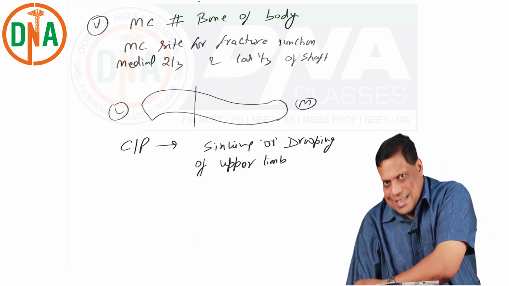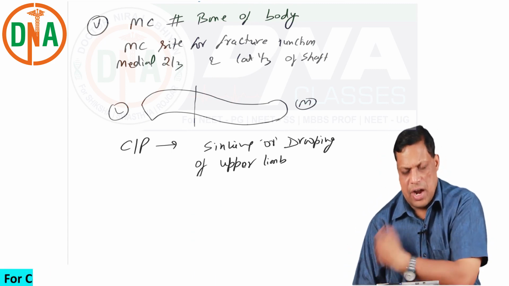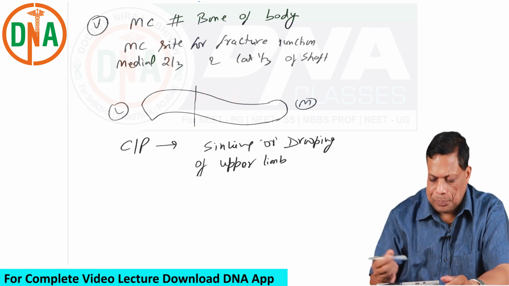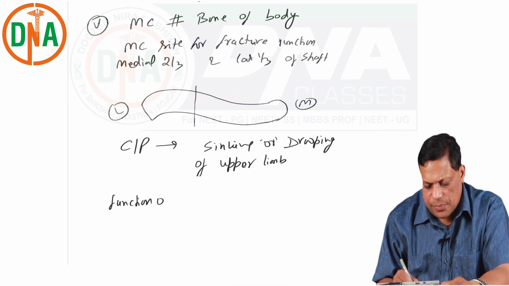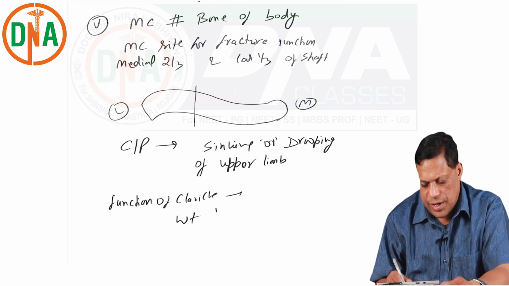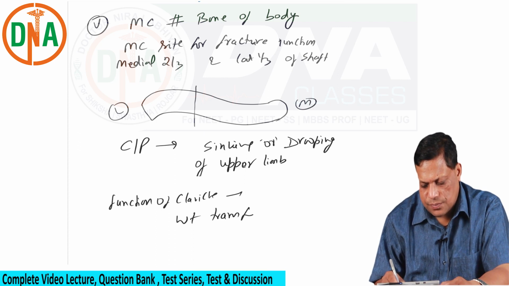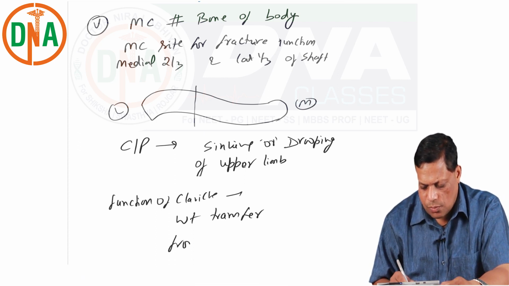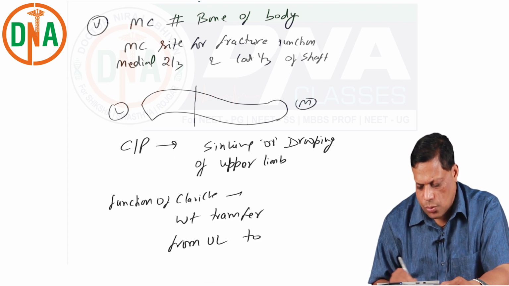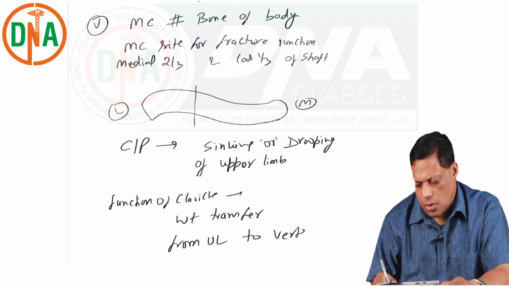The upper limb sinks down because of its own weight after fracture of the clavicle. So what is the function of the clavicle? The function of the clavicle is weight transfer, weight transfer from the upper limb to the vertebral column.